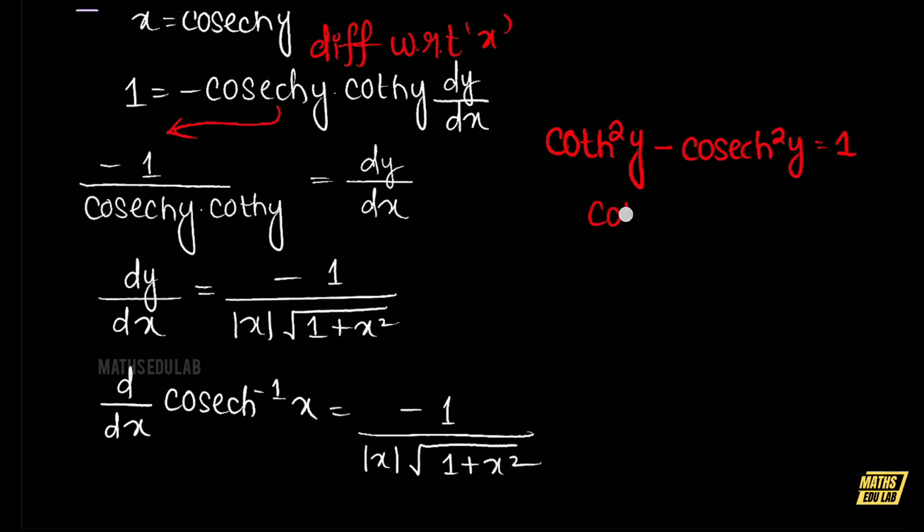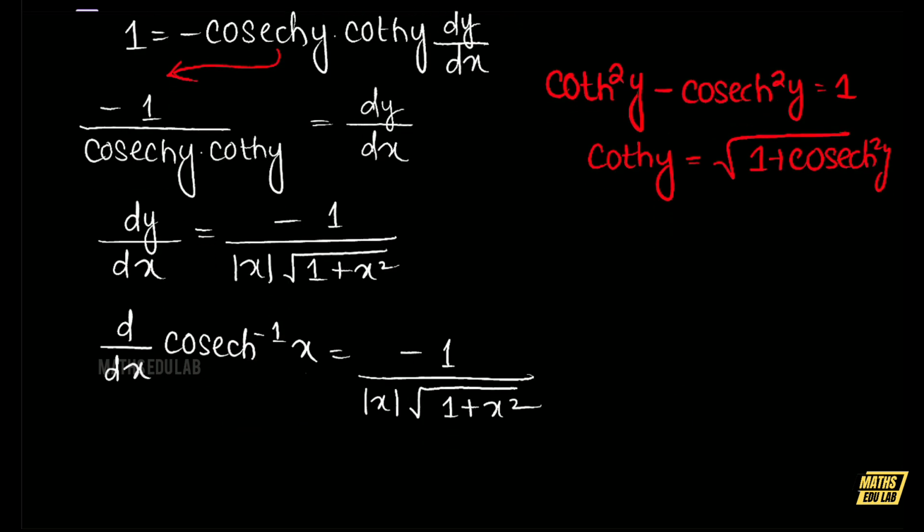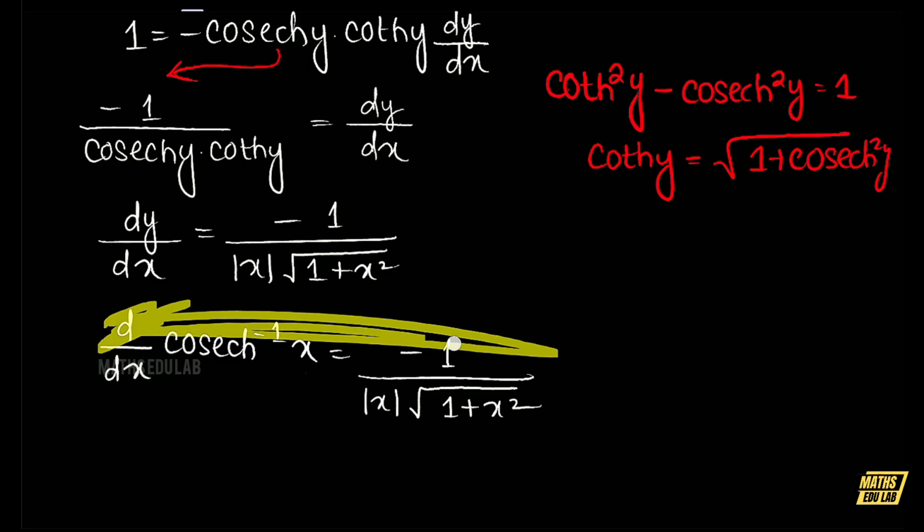Then coth y will be equal to root over 1 plus cosech square y. Here cosech y is our x value, so mod of x, and y is nothing but cosech inverse x, which is equal to minus 1 upon mod of x root over 1 plus x square. So this is our derivative of cosech inverse x formula.